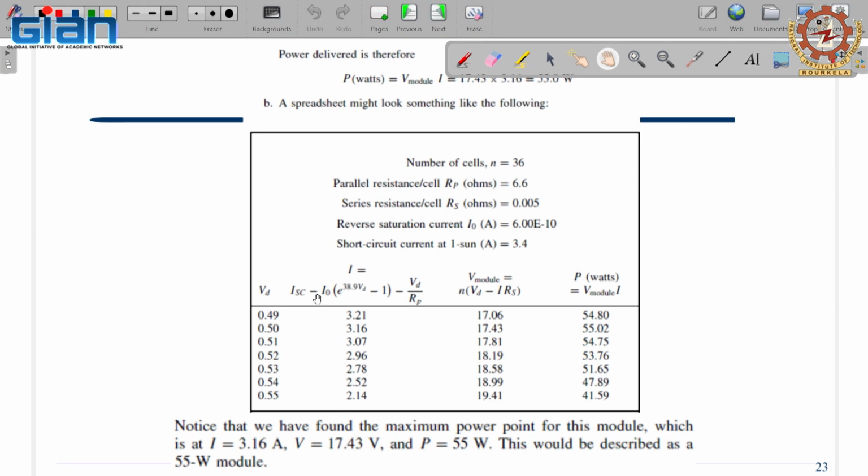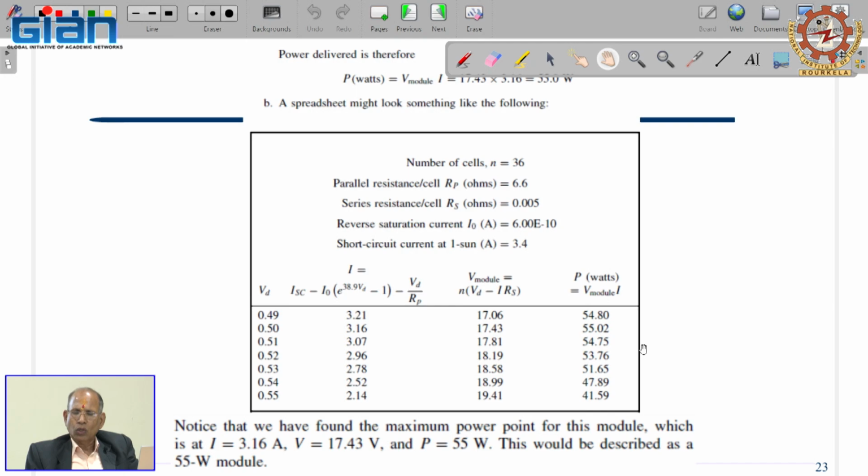Based on the calculation, you get the current, then you have this voltage and then power. Interestingly, you'll find there is only one point where you get the maximum power. That is called the MPP point.